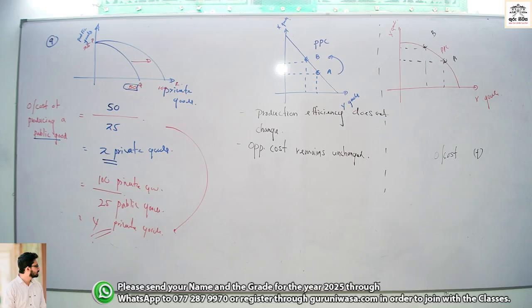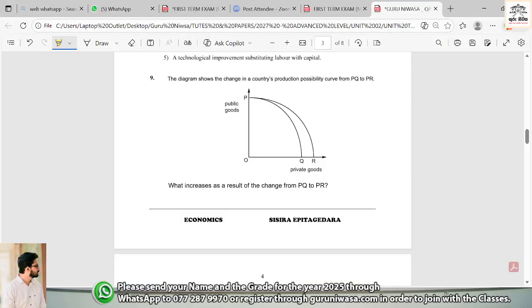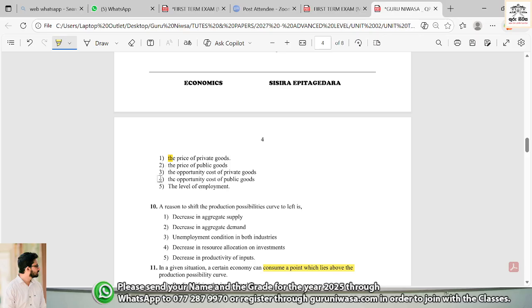Clear? So the answer is the fourth one. The opportunity cost of public goods increases.